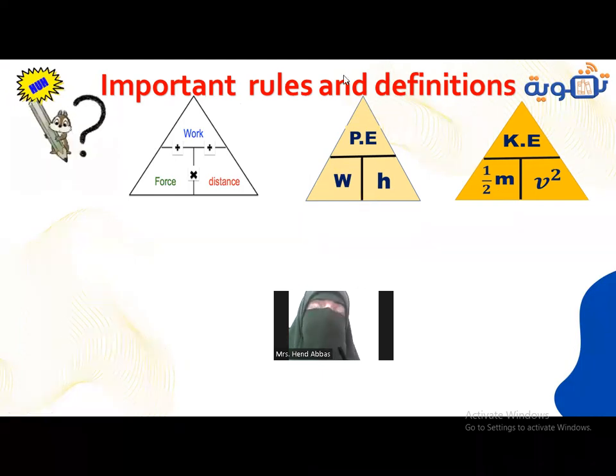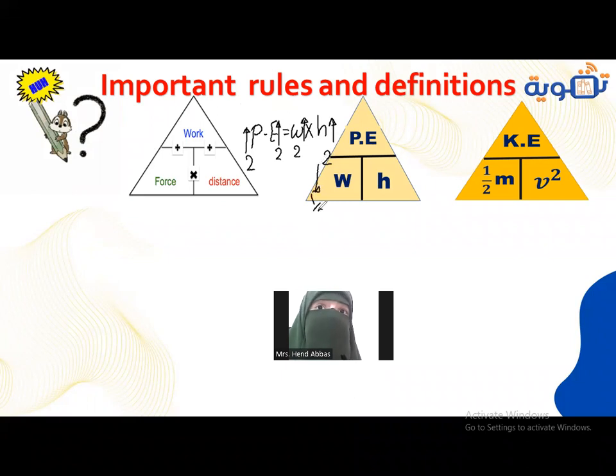For potential energy, if the weight increases to double, the potential energy increases to double. If the height increases to double, the potential energy increases to double. If the height decreases to half, the potential energy decreases to half. There is a direct relation between the potential energy and weight, and also between the potential energy and height.